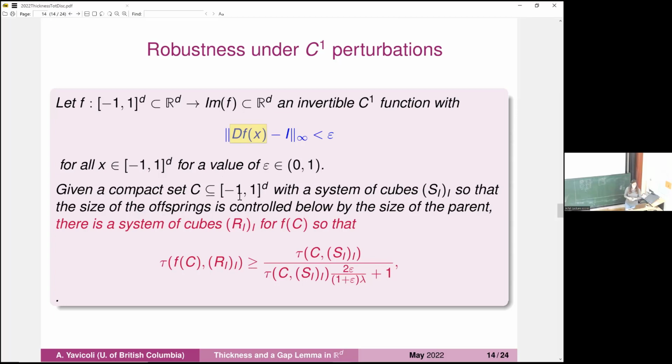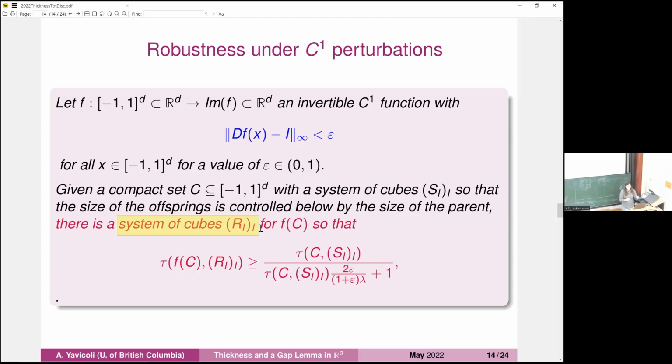A priori. So what we have to consider is this other system of cubes that I call R_i, that are cubes that are as small as possible, containing f(S_i).